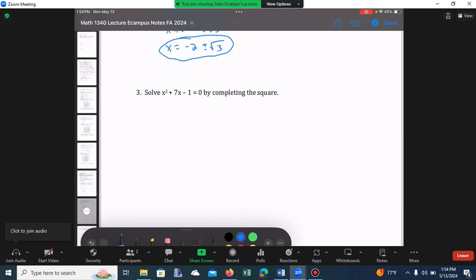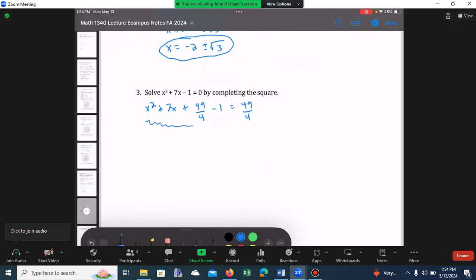So half of 7 is 7 halves. We're going to square 7 halves. So we'll have x squared plus 7x plus 7 halves squared is 49 over 4, minus 1 equals 49 over 4. So we'll add it to both sides.